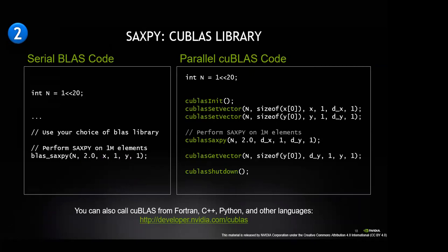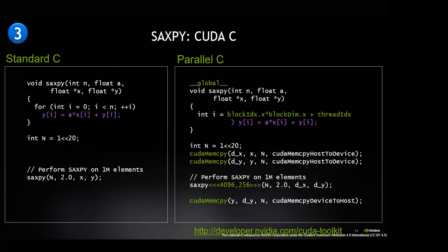And this is the way to do the operation using the BLAS library, here cuBLAS. You see on the left panel you have the main program, and on the right panel you have the set of calls to run the SAXPY using a library. We could do it in CUDA. Here, on the left, is the sequential C version, and on the right, the CUDA C implementation.